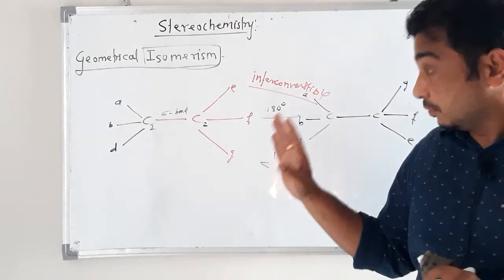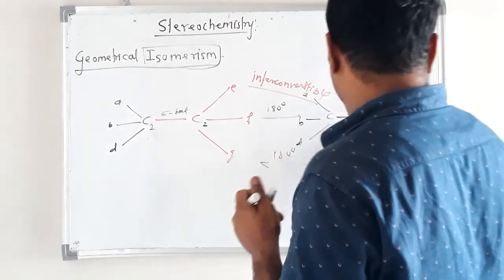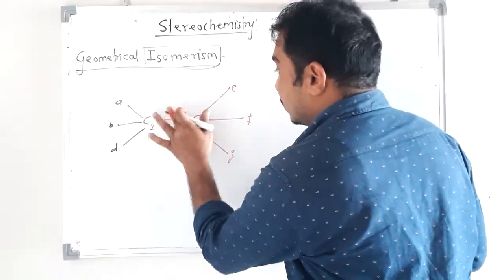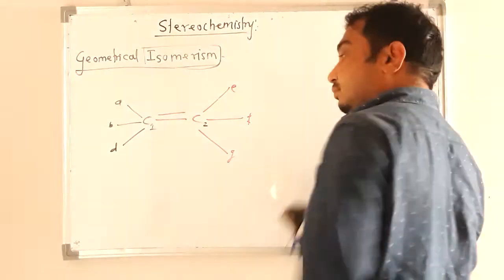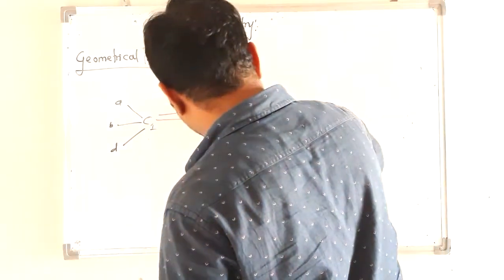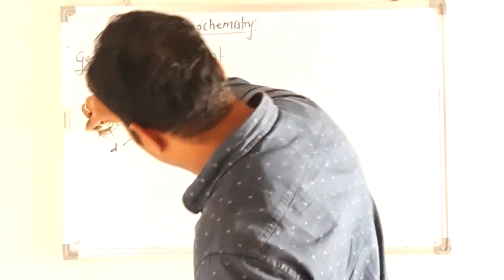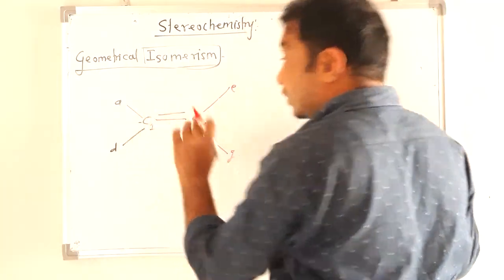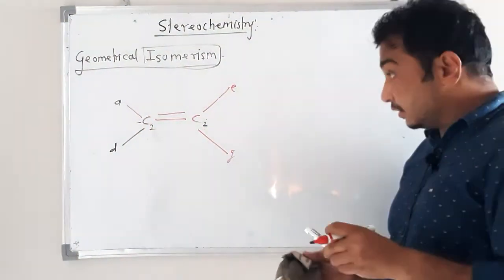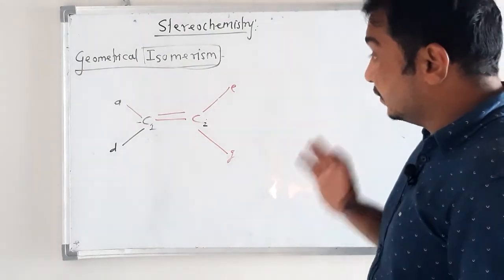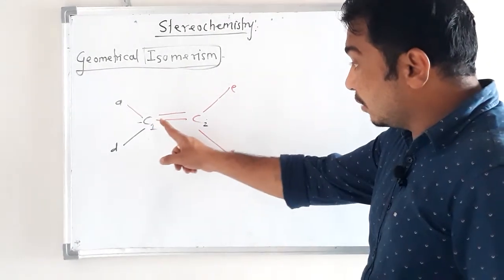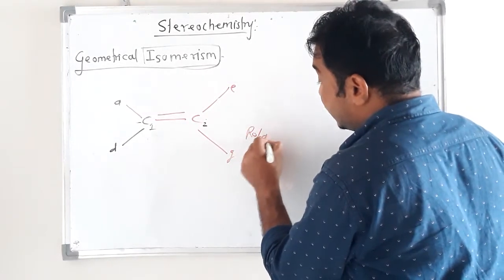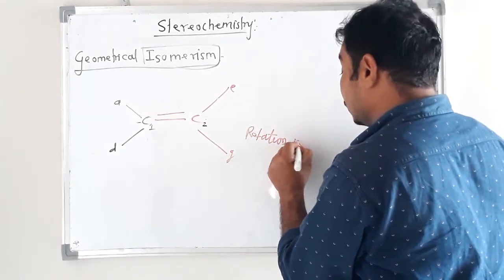Remember, but suppose we put a double bond, if the compound has a carbon-carbon double bond or a ring structure, then what happens? The bond between C1 and C2 will not rotate.